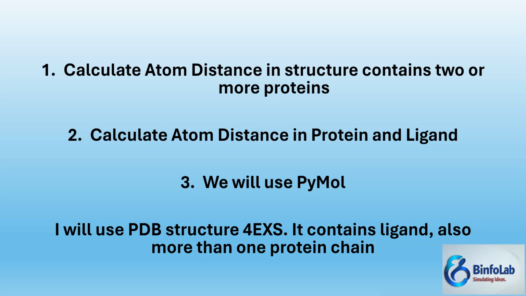For example, you perform some protein-protein docking. In that case, you have more than one protein structure, or more than one protein chain, I would say, in your PDB structures. In a second scenario, sometimes you download a structure from the PDB and it contains more than one protein.